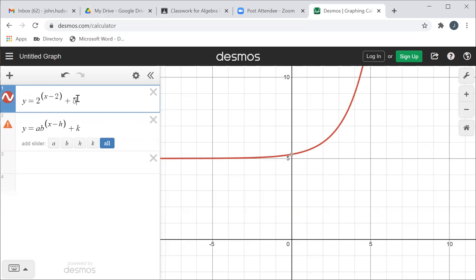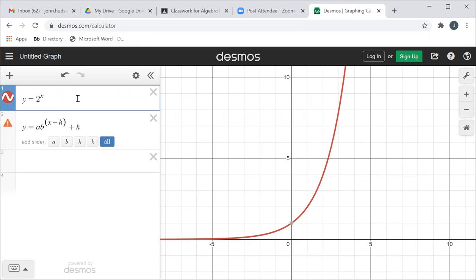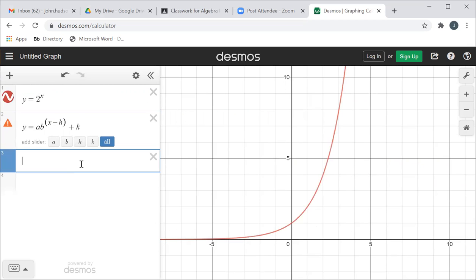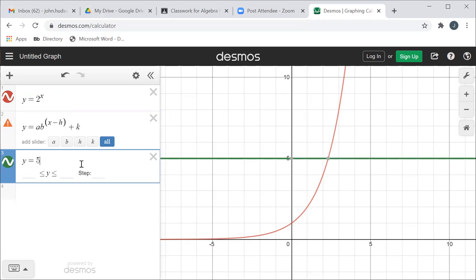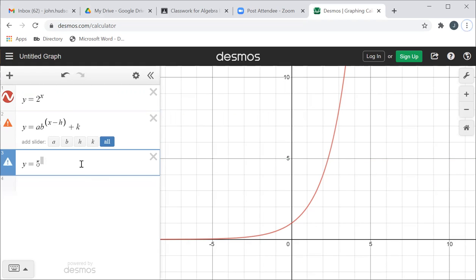So let's go all the way back to our parent graph and take a look at our basic parent graph again. If I take that b value and I make it bigger, so let's say y equals 5 to the x. So notice what happens.